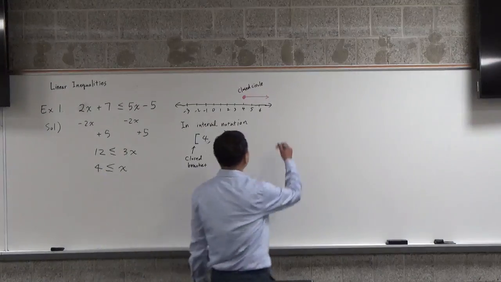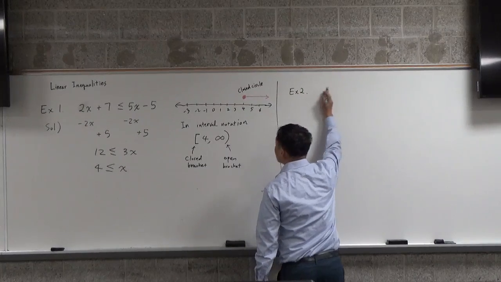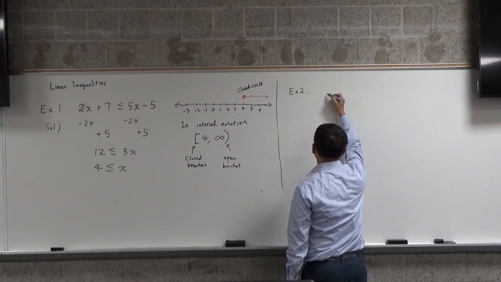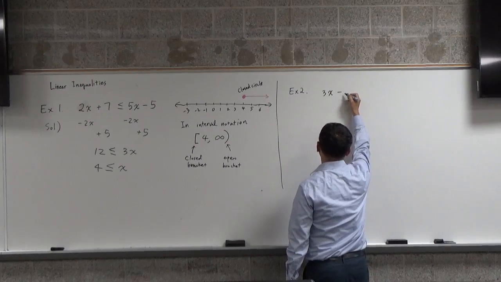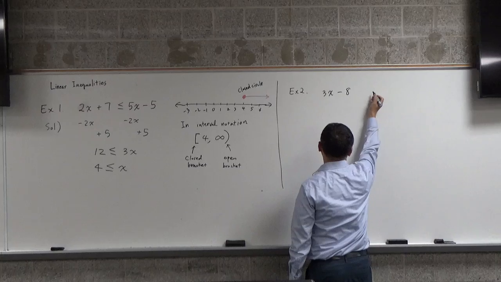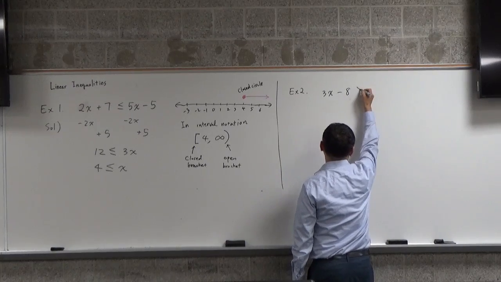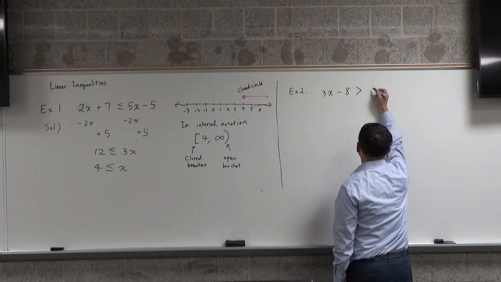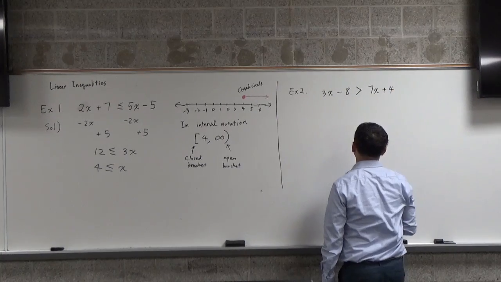So let's do a similar question, second one, example 2. Suppose this time you have 3x minus 8 strictly greater than 7x plus 4.